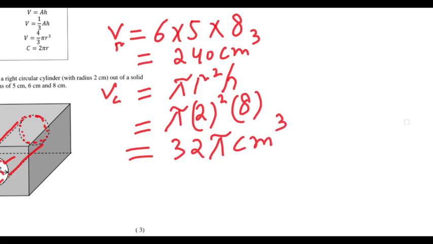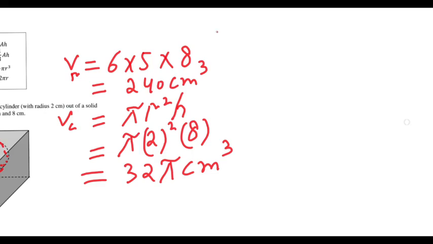Centimeters cubed. Now we need to calculate the volume of the remaining solid. So the volume of the remaining solid is the volume of the prism minus the volume of the drilled cylinder.